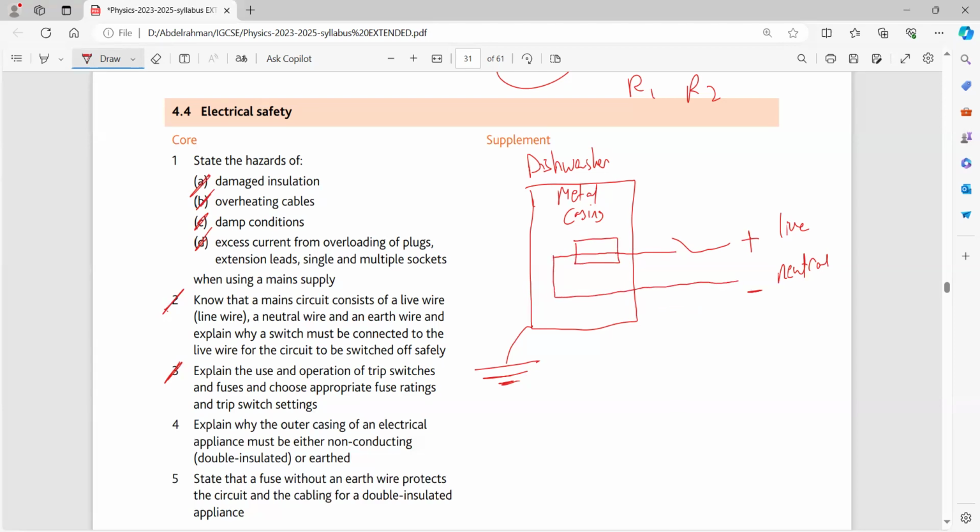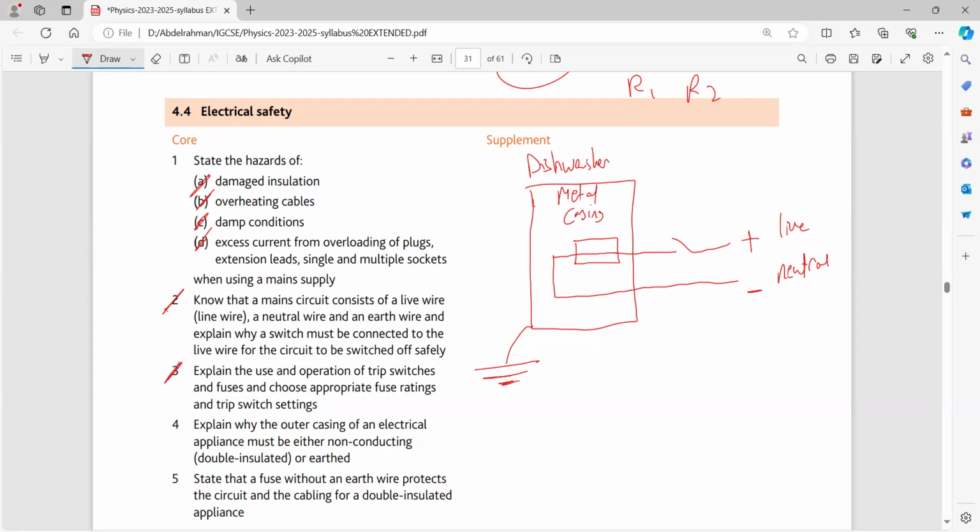Why do we put the fuse on the live wire? To protect the circuit from overheating. When the current increases, the fuse melts, protecting the device from overheating or any damage. So this is what the fuse does.